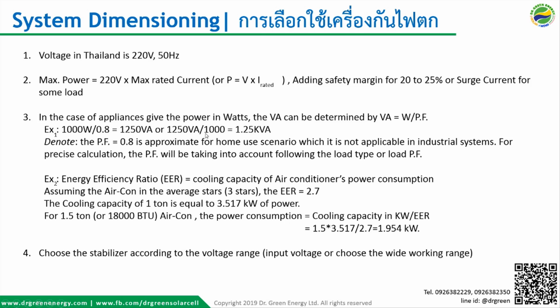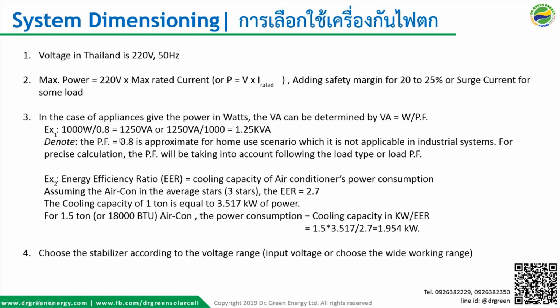All right, and in most cases, if you calculate the apparent power for your home, you can normally use a power factor of 0.8. But if you design for an industrial system, we need to collect the power factor for each particular load, which will be different from the residential use case that I give as an example here.